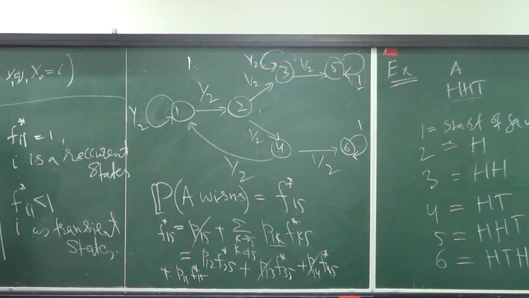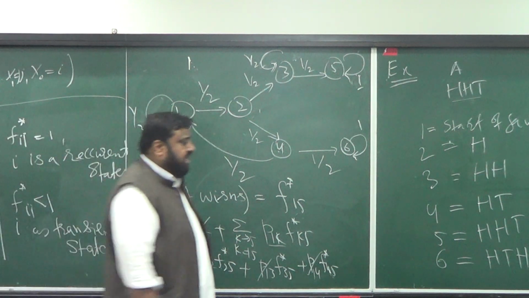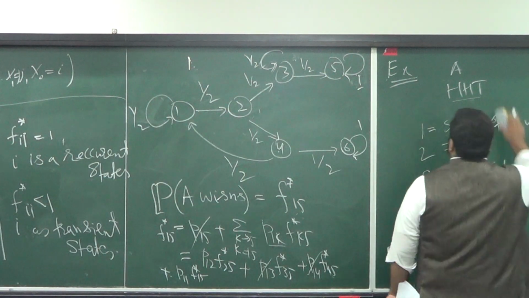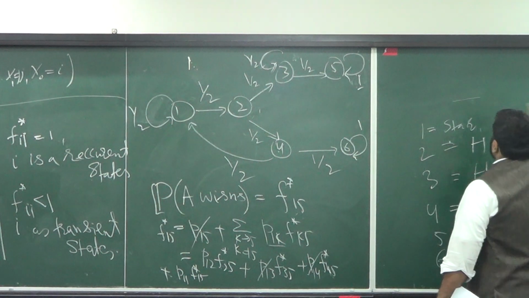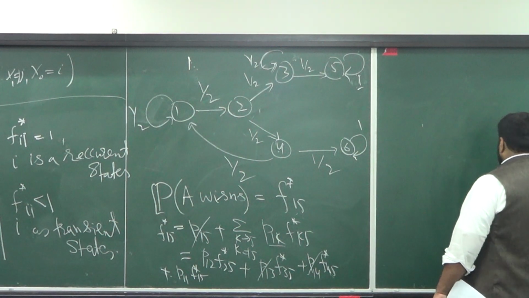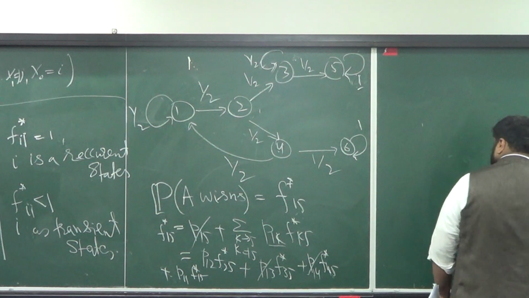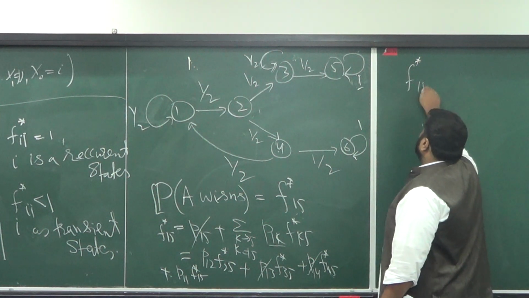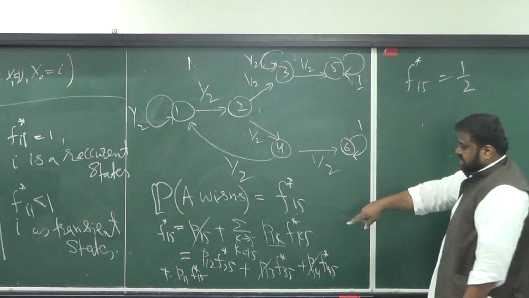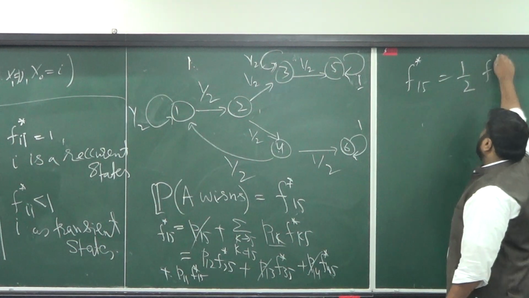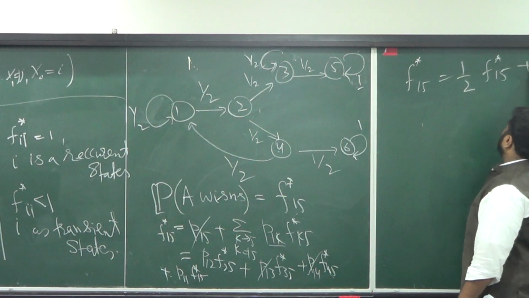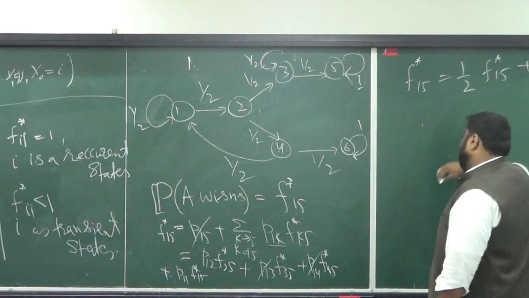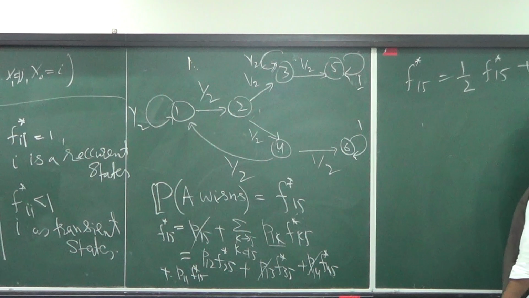So the only possible expression, the equation that you're going to get, is this: f star 15 is 1/2 f star 15 plus 1/2 f star 25.